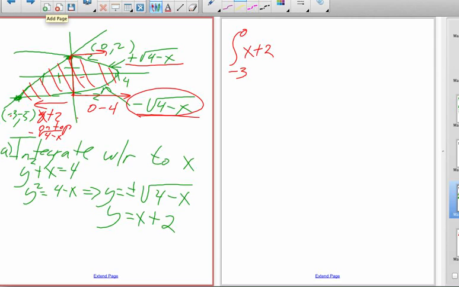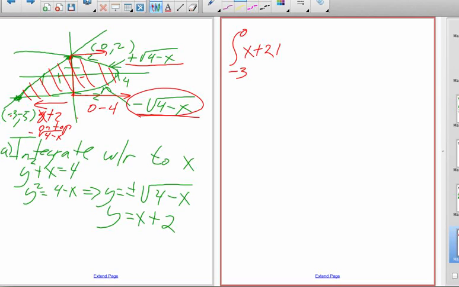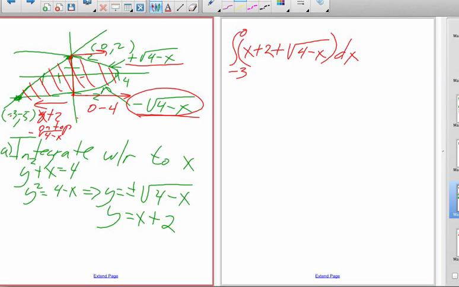So that's going to end up a negative, and a negative is going to give me plus square root of 4 minus x. And this is all dx. So this gets me basically this part of the area right here. All right? Because we've gone -3 to 0. So now we're going to have to go from 0 over to 4.